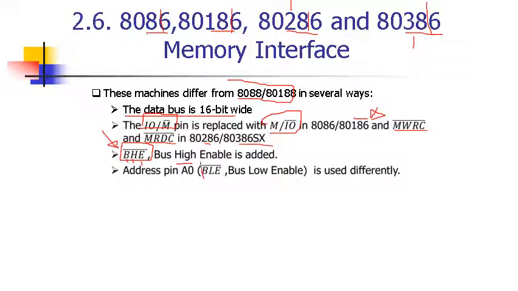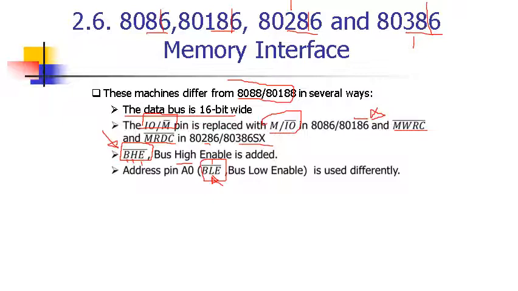While for bus low enable, if you need to get access to a memory location from your lower bank, you have to activate this pin, BLE bar.